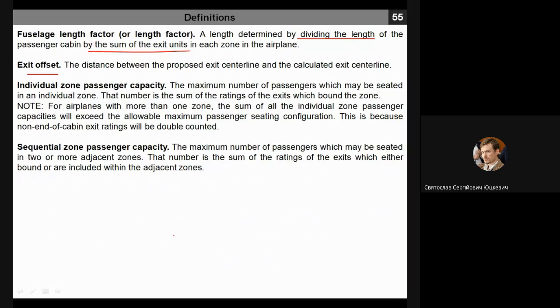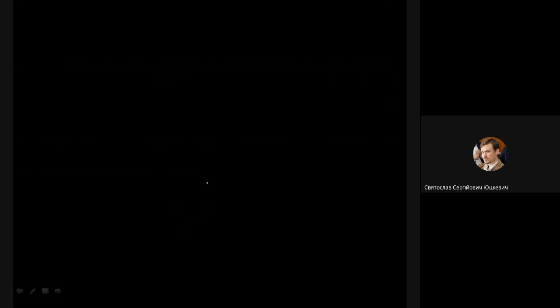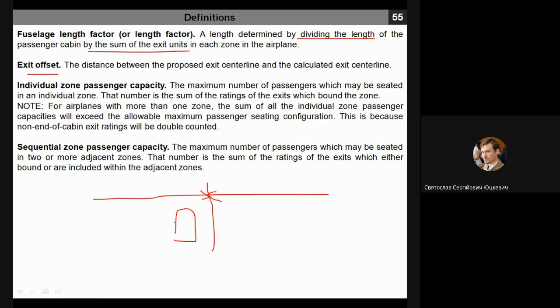It is possible that it will be some shifting from the determined position, original shifting of the emergency exit from the calculated value. For example, from the calculations, the center of the door must be located here, but in your airplane, the door will be located in this fuselage station, and it will be exit offset. It must be in the boundary of 15%.